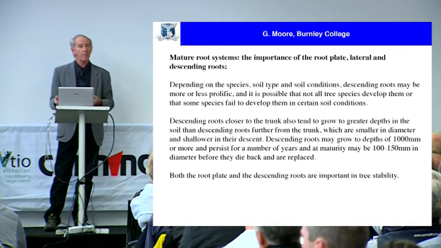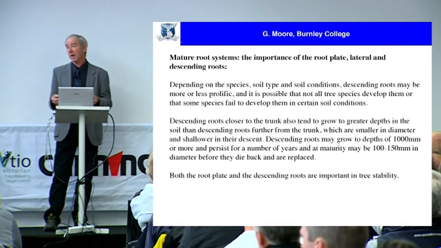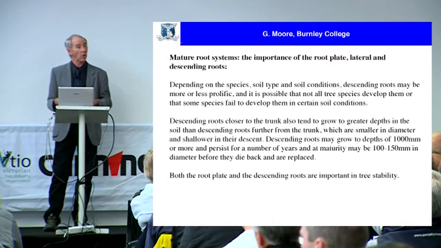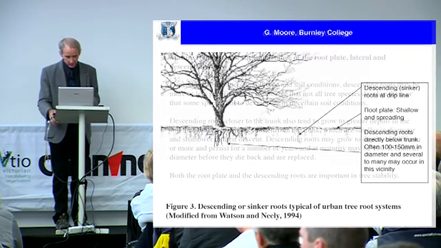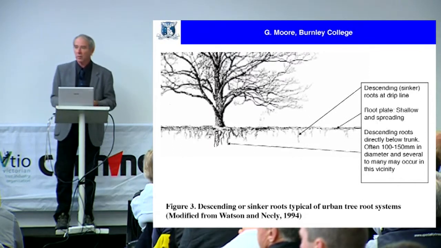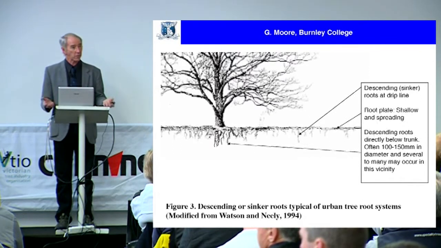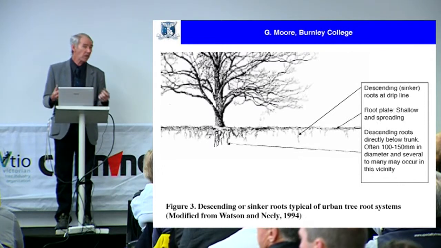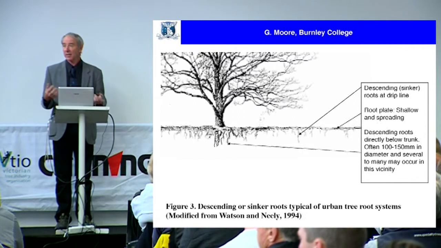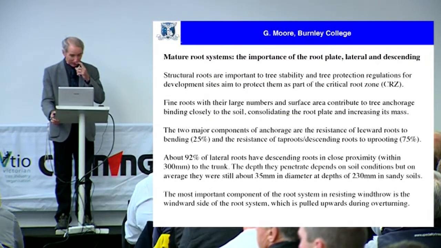Very often we are conscious of what's happening with the root plate, but we may not be thinking about what goes on underground. And so, again, you come back to how does the model work? Where are the roots? Where are the descending roots? Descending roots are very hard to pick up with the scanning and other testing devices. You're pretty good at picking up the root plate. Very difficult to know where the descending roots are.